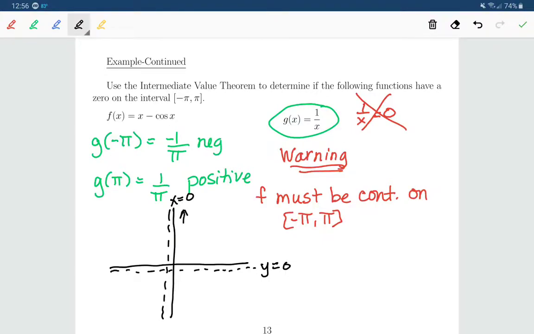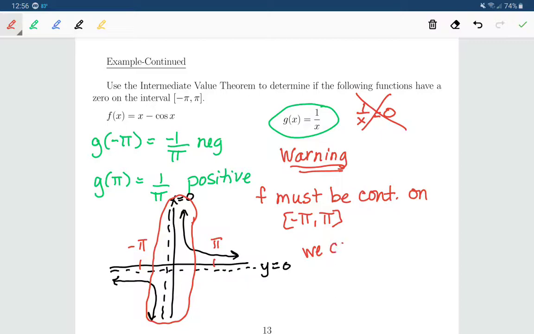It's bounded in the first quadrant here and in the third quadrant over here. Here's negative pi and here's positive pi. What we can see now is that very clearly there is an infinite discontinuity here. And because of that, we cannot apply the intermediate value theorem. So be careful.